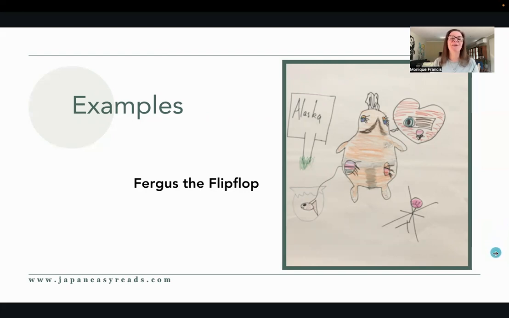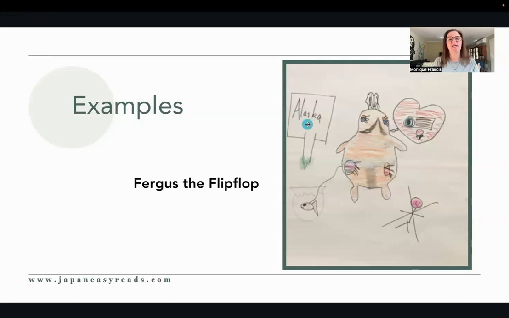This one was Fergus the flip-flop, and lots of language here that would coincide with the self-introduction. Flip-flop no namae wa Fergus desu. Fergus wa Alaska ni imasu or ni sunde imasu.